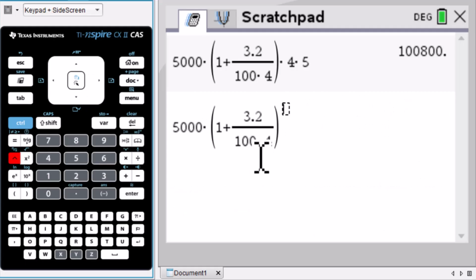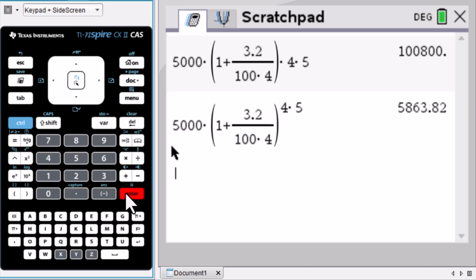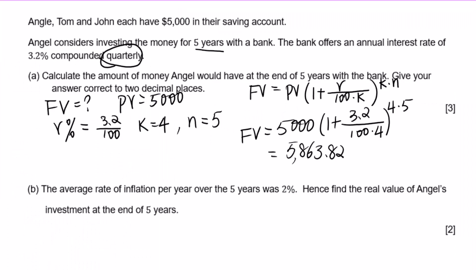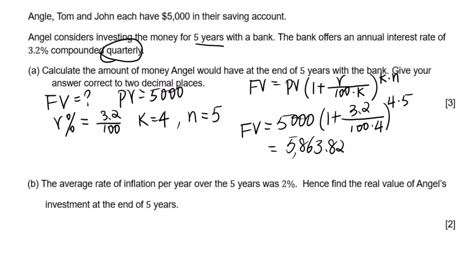So we put these expressions into calculator to the power of 4 times 5. Enter. $5,863.82.